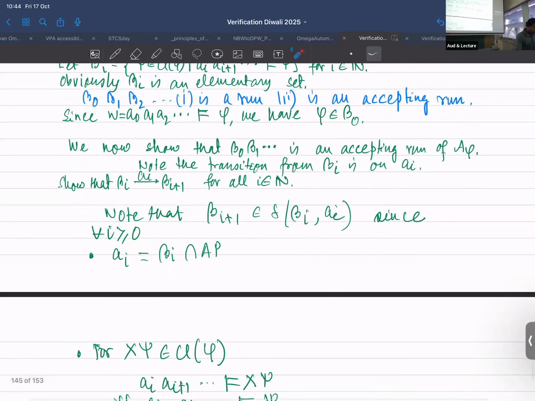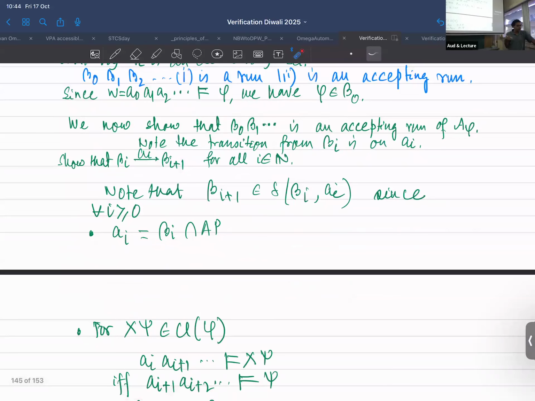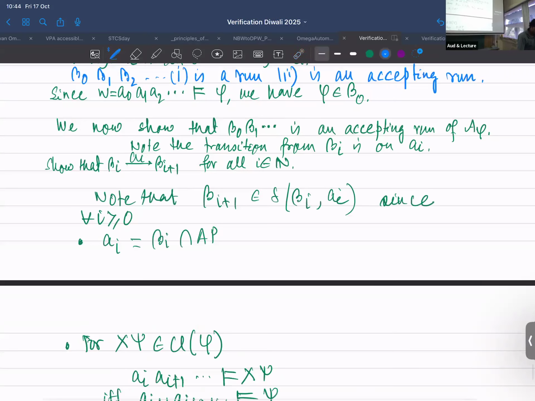So suppose your formula is just a set of atomic propositions, right? Then by the definition of the automaton itself, we saw that if you have the state beta, and for example my AI is a set of atomic propositions, then from the state beta I you only have transitions on AI, correct?